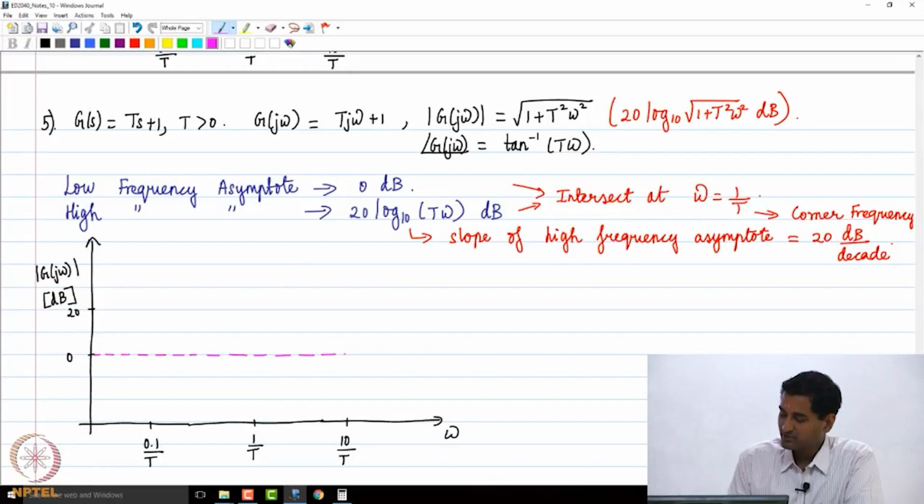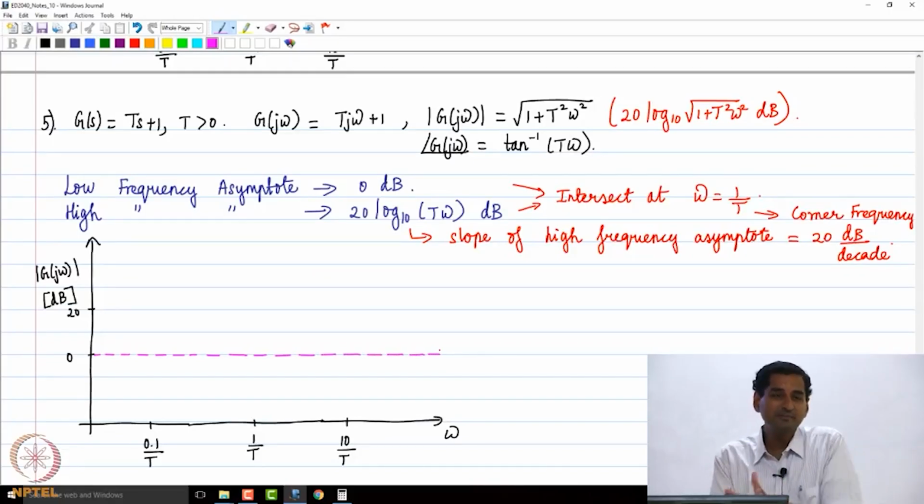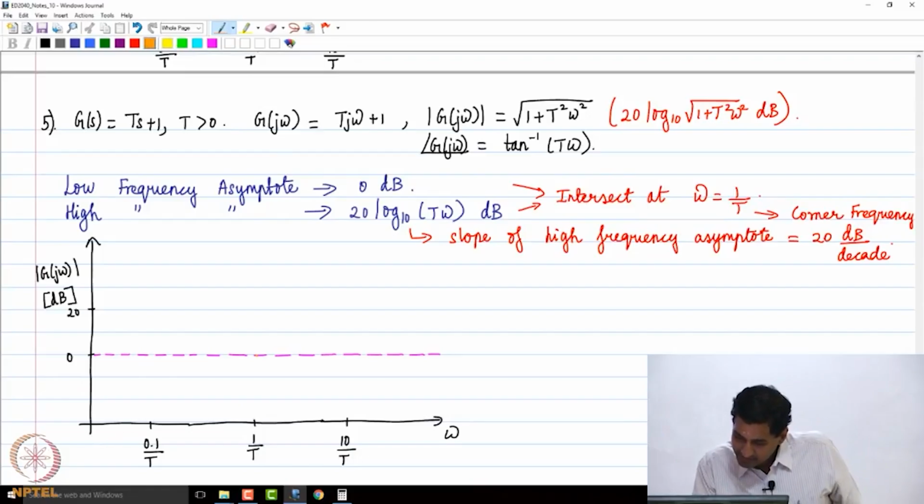So, how do I draw the high frequency asymptote? Please note that this is just an illustration. Low frequency asymptote makes sense only at low frequencies. How do I draw the high frequency asymptote? At 1 by T it is 0, and at 10 by T it is going to be 20 decibels.